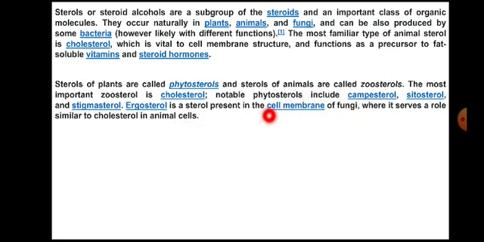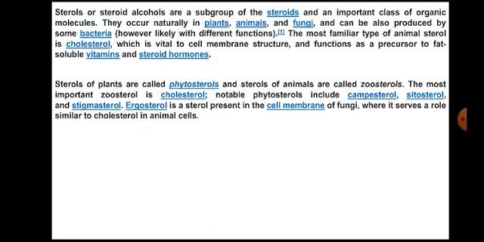So, cholesterol and ergosterol: cholesterol gives structural integrity in animal cells, and ergosterol is important in fungi. Cholesterol is also important in bacteria that do not have a cell wall.